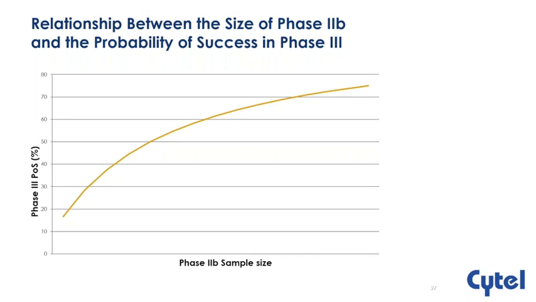But why are you selecting that cutoff p-value? Why are you going with a certain sample size? All that is unclear. Now, if you produce a graph like this and you ask the question, well, if I keep on increasing the sample size in phase 2B, how much do I gain in terms of probability of success in the phase 3? Because that should be one of your most important questions. You know, what's the probability that my phase 3 is going to be successful?